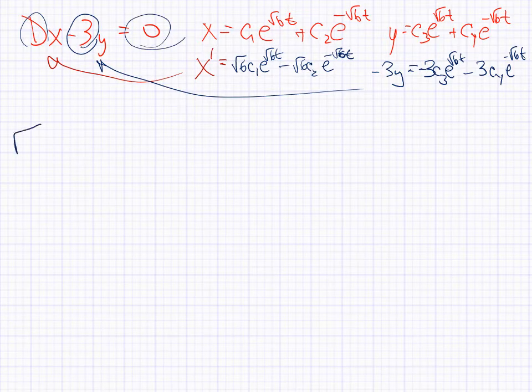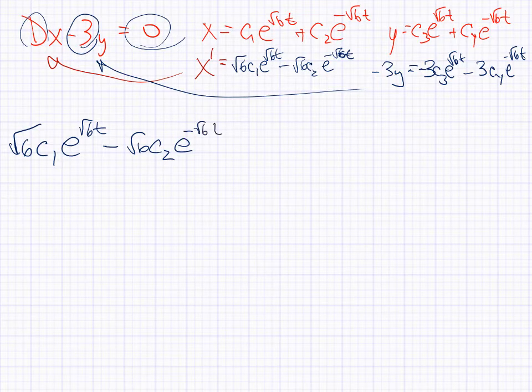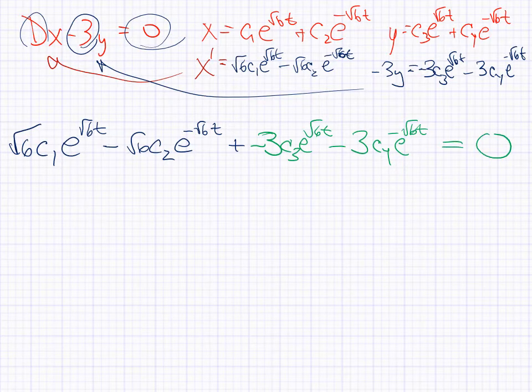So the square root of 6 c1 e to the square root of 6t minus square root of 6 c2 e to the negative square root of 6t plus this negative 3 c3 e to the square root of 6t minus 3 c4 e to the negative square root of 6t equals 0.